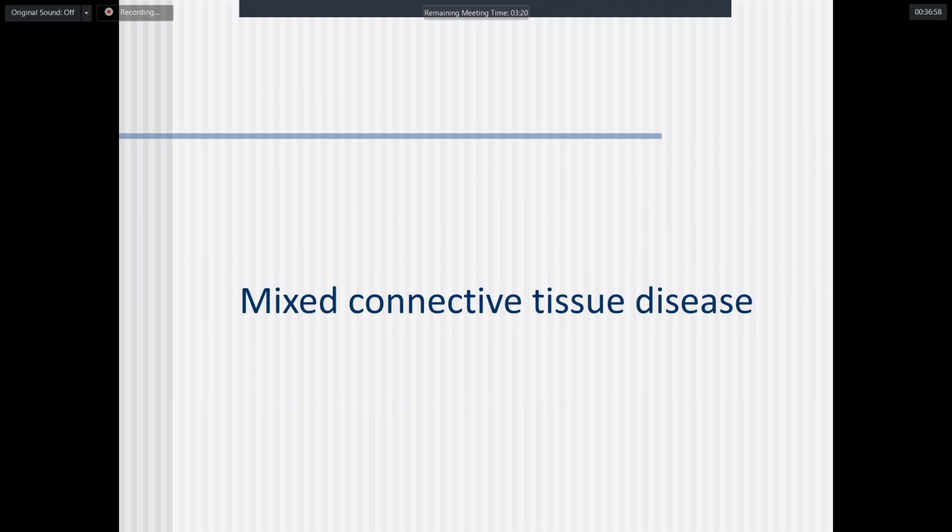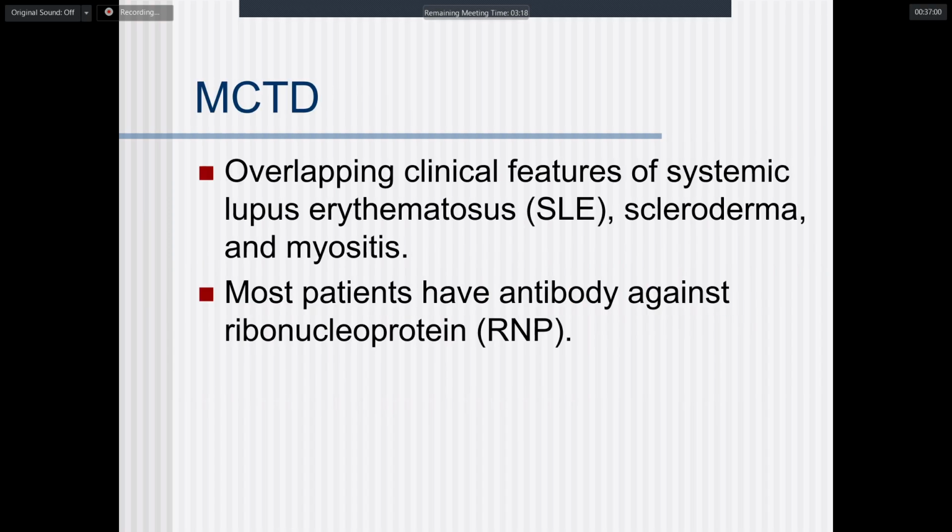اخر شيء اللي هو الميكس كونكتيف تيشو ديزيز. هذول المرضى بيكون في عندهم overlapping clinical features of systemic lupus erythematosus, scleroderma and myositis.